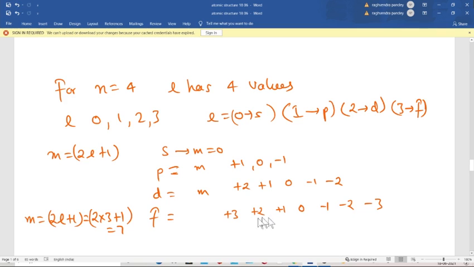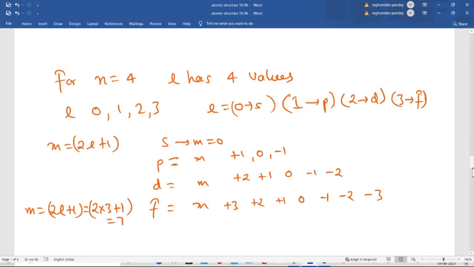So these are the m values for f. That is a simple thing that you have to write.